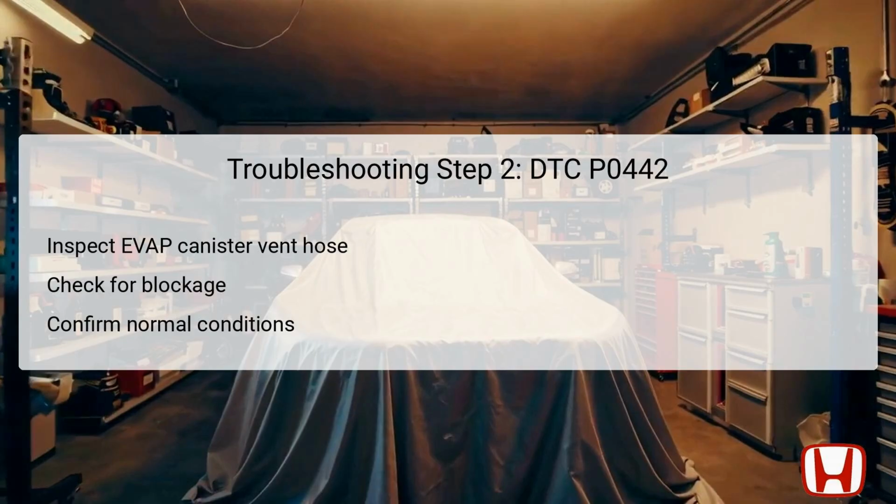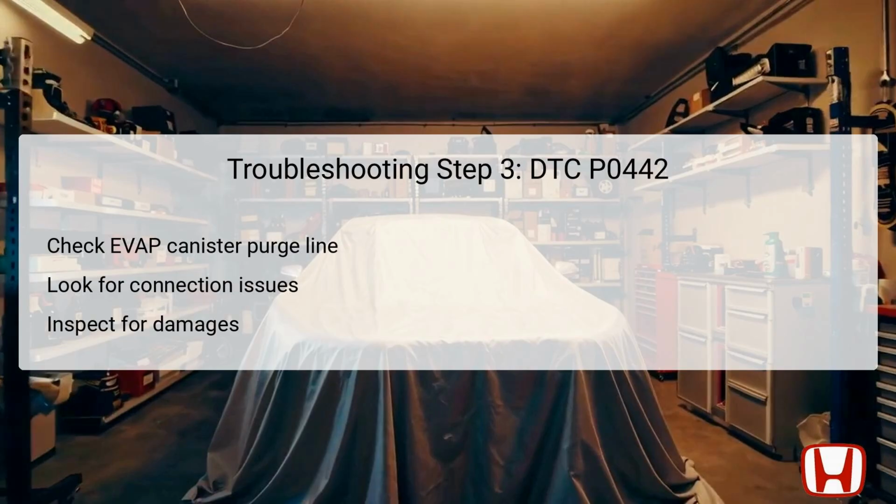If blockages are found, they must be cleared to restore normal functionality. In normal conditions, there should be no blockages or restrictions present within the EVAP canister vent hose, allowing the system to operate effectively and without triggering further DTC errors.